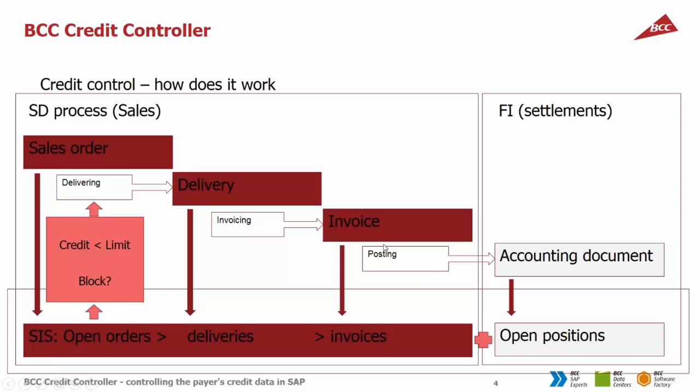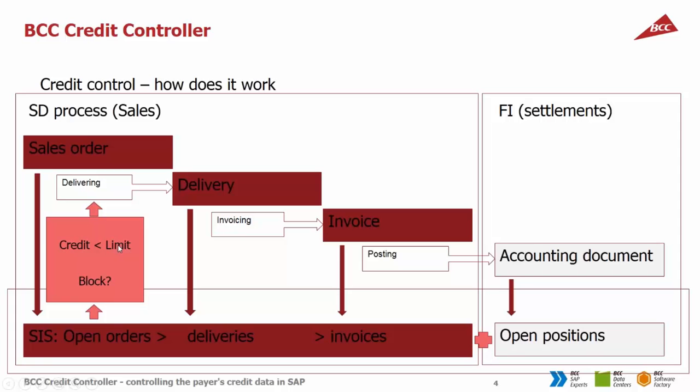Now the other way around. At the time when we create another sales order, the proper credit control takes place. While saving the order, the system checks the sales statistics module, the value of all orders, deliveries, invoices, and financial module positions for the payer, and checks whether the sum of all these is still below the granted limit.